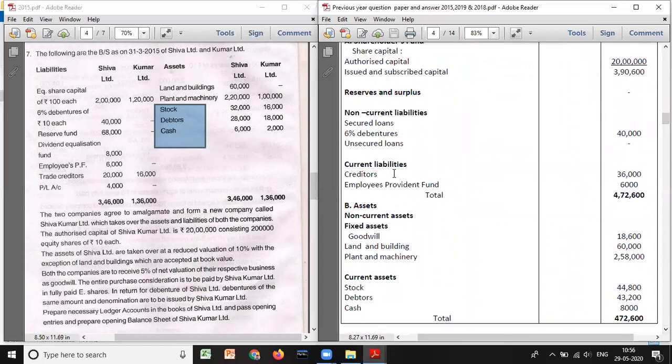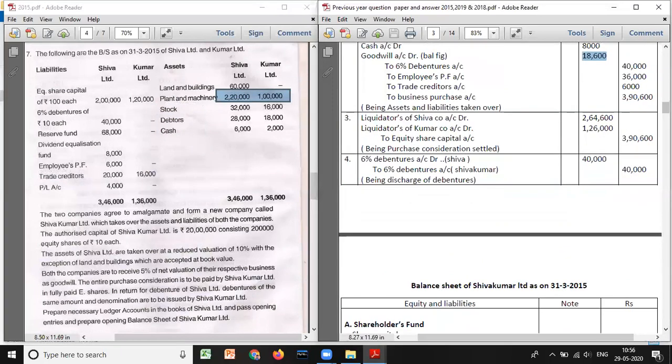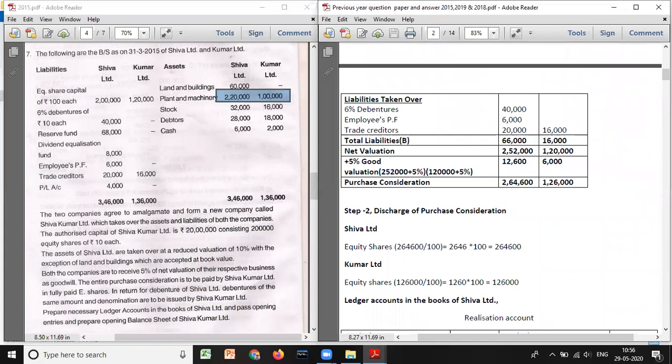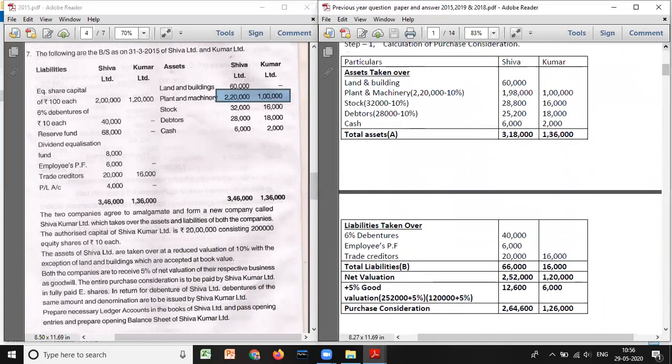And plant and machinery, you should not take this value. You have to take the adjusted value, whatever we have done here. Look here, this is 2,98,000.